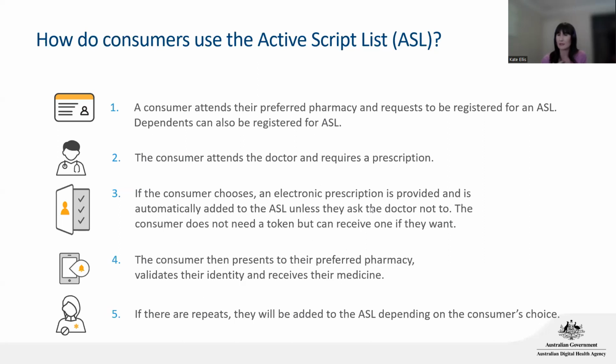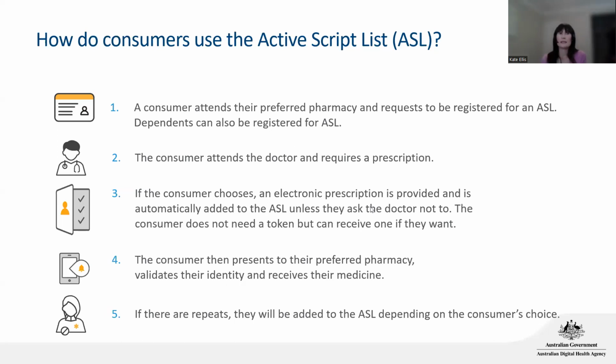I like to be able to see the prescriptions myself, and I like to be able to manage the tokens. I personally would manage it myself. So I would request that my prescriptions are sent by electronic prescription via email, and I would create a folder in my email, one for myself, one for my husband, one for my daughter, and that's how I would manage all of my different prescriptions.